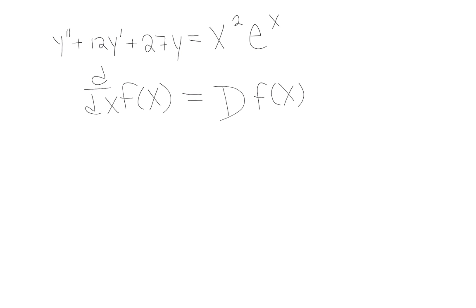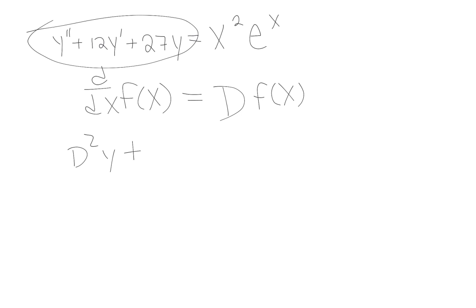A differential equation like this, a higher order, or really any order, even a first order for that matter, whether it's homogeneous or non-homogeneous, anything that's linear with constant coefficients, can be written in terms of the differential operators. So, for example, y prime prime is d squared times y.